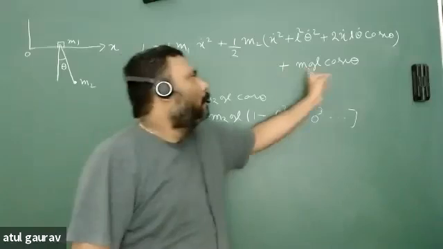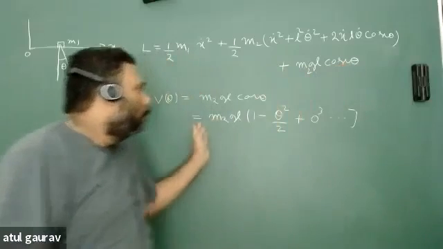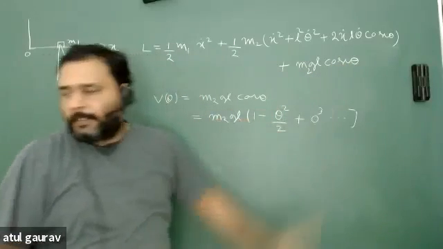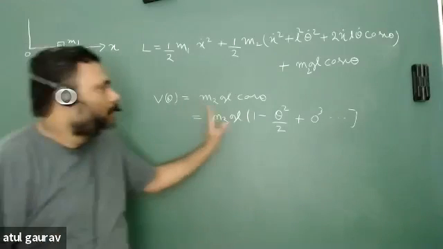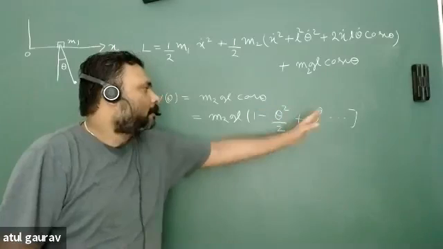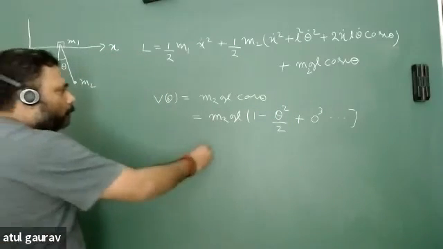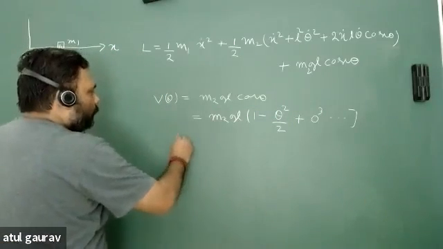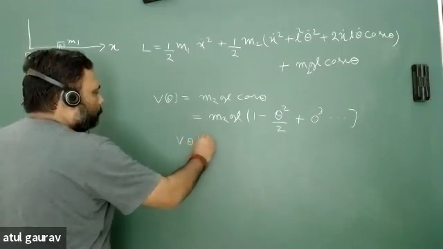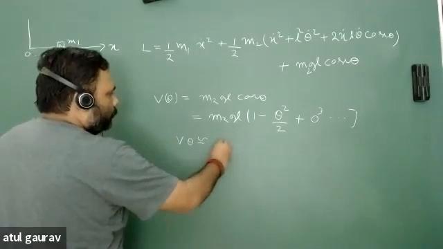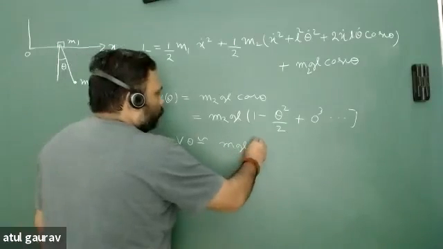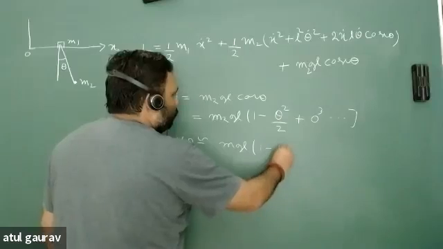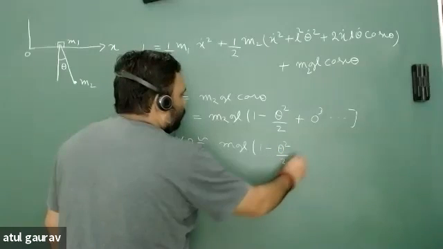Fortunately, X is not taking part in the potential. Only theta is taking part in the potential. So we can generalize this kind of situation. V theta is approximately mgl times 1 minus theta square by 2.